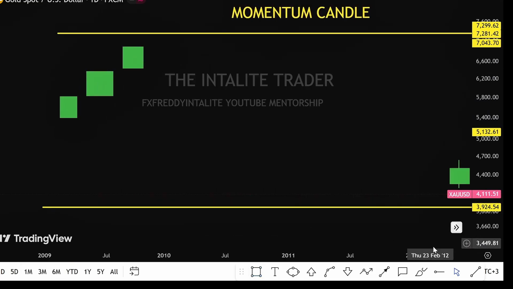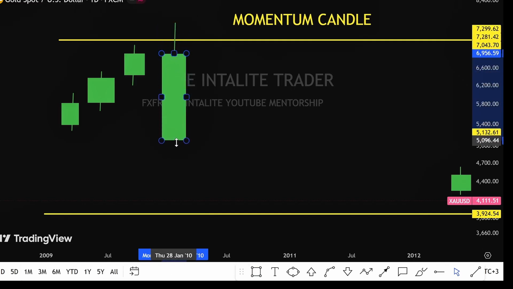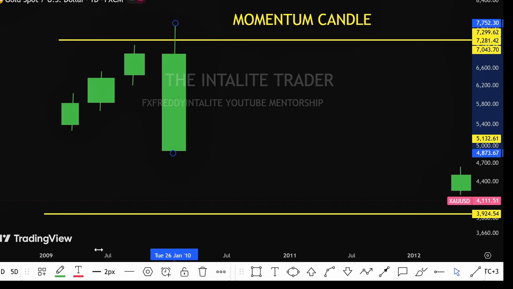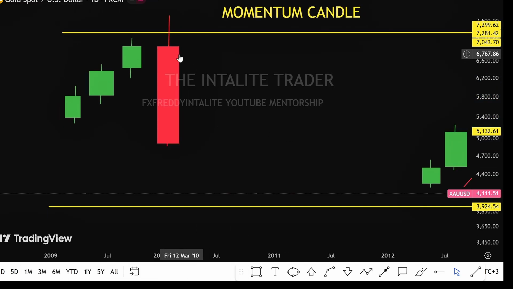You have wicks that are forming and then price approaches a level, it opens, it goes up, and then you have a strong selling pressure. Now we called this an engulfing bar in the previous teaching. This is a typical example of an engulfing bar.